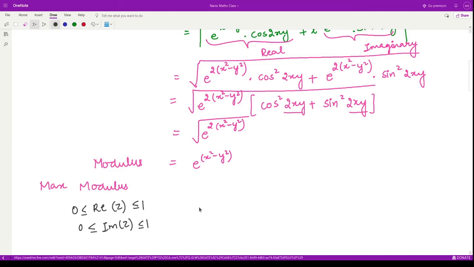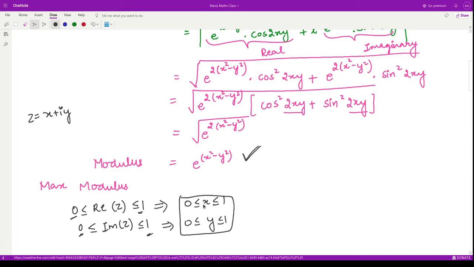Now we may have a rough idea if we substitute these endpoints into the modulus. Z was x plus iota y, so the real part of z in effect is x only, and the imaginary part of z is in effect y only. So this is the condition that we have.